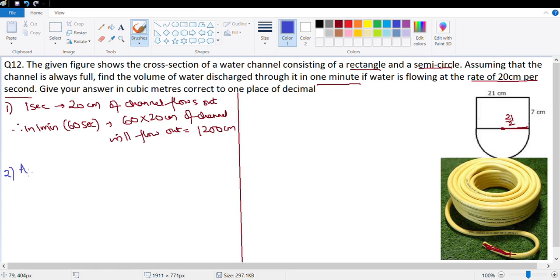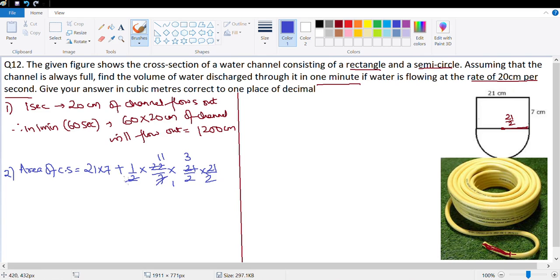So area of cross section would be equal to length into breadth for the rectangular part. Length into breadth, that's 21 into 7 plus the area of the semicircle, which is pi r square upon 2. So that's half into pi into r square. R is 21 upon 2 multiplied with 21 upon 2. This is 2 into 11, 7 into 1, 7 into 3. There is nothing else that we can do.